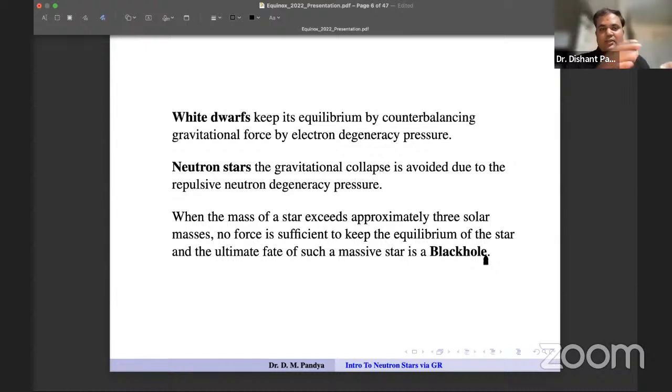For neutron stars, the gravitational collapse is avoided due to the repulsive neutron degeneracy pressure. And when the mass of the star exceeds approximately 3 solar masses, no force is sufficient to keep this equilibrium, and hence the ultimate fate of such a massive star is a black hole.